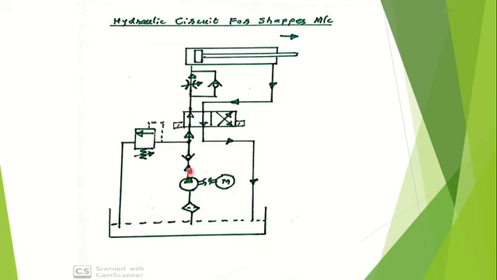The pressurized flow is then directed toward the check valve. The function of the check valve is to allow the fluid only in one direction. Now when the fluid comes to this point, it can go toward the pressure relief valve and it can go toward the direction control valve.